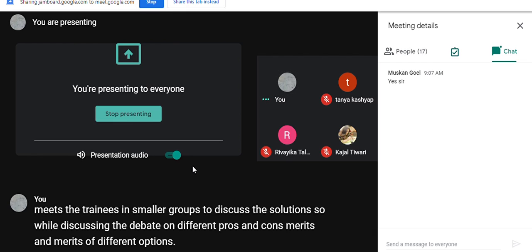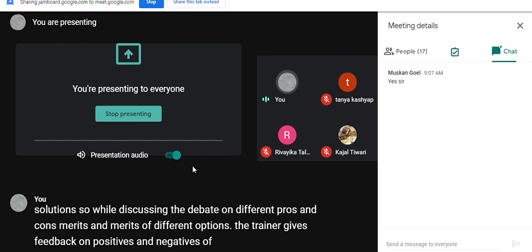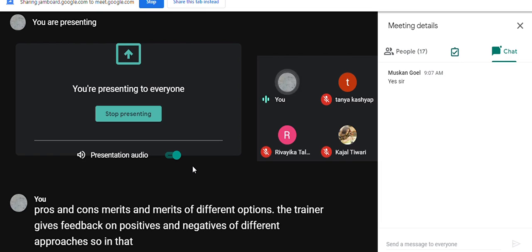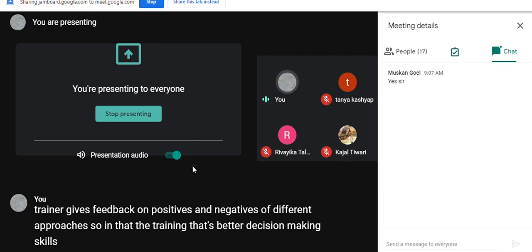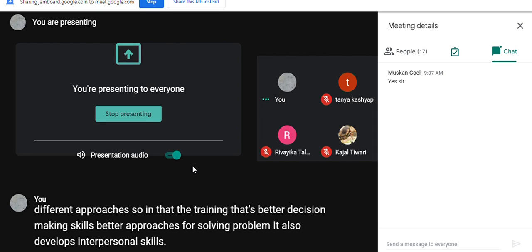The trainer gives feedback on positives and negatives of different approaches. So in the end, the trainee gets better decision making skills, better approaches for solving problems. It also develops interpersonal skills, strategic knowledge.